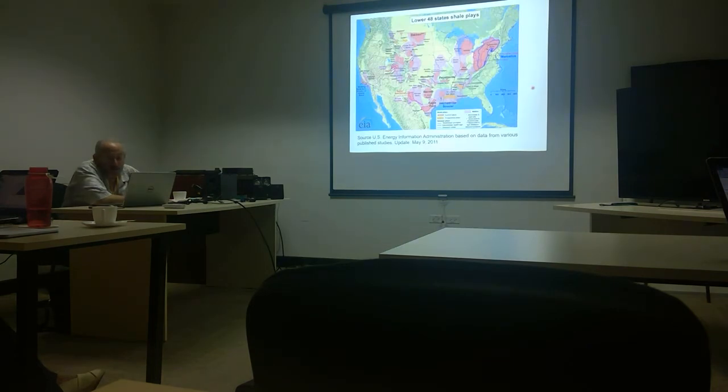Now in the US, this is the distribution of shale plays, both gas and oil. We do a lot of work right in here in this one called the Woodford, but the Eagle Ford down here is quite large. Barnett, quite large. Marcellus Shale, very big. Bakken Shale is partly in the US and partly in Canada, and is very big, and then there are a number of others scattered around.